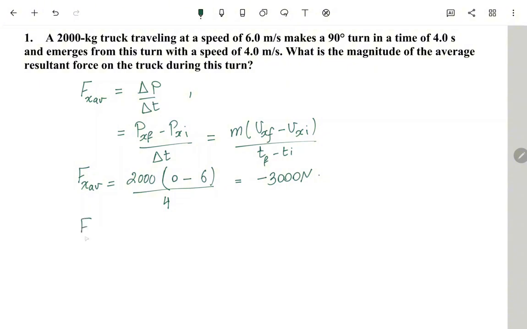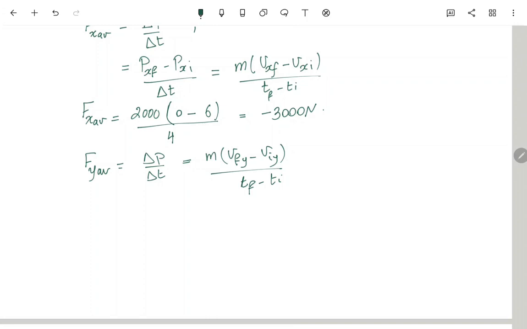Again, let's find Fy average, which is equal to delta P over delta T, or mass times V final y minus V initial y divided by delta T, which is T final minus T initial. Now you substitute the numbers: 2000 times, the initial y is equal to 0 and the final y is equal to 4, divided by 4.